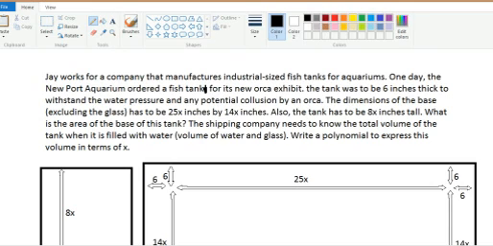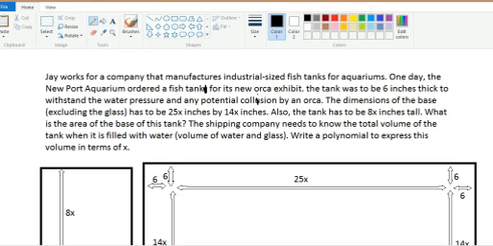The tank was to be 6 inches thick to withstand the water pressure and any potential collisions by an orca. Dimensions of the base, excluding the glass, has to be 25x inches by 14x inches. Also, the tank has to be 8x inches tall.